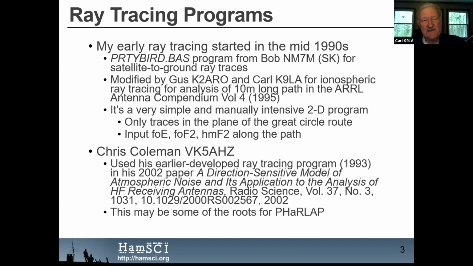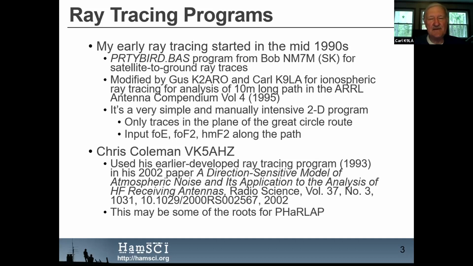Now that ray tracing was very simple and very manually intensive. It was only a 2D program. You can only ray trace in the plane of the Great Circle Path. What you needed to do was determine the E region critical frequency, the F2 region critical frequency, and the height of the peak electron density in the F2 region all along the path.